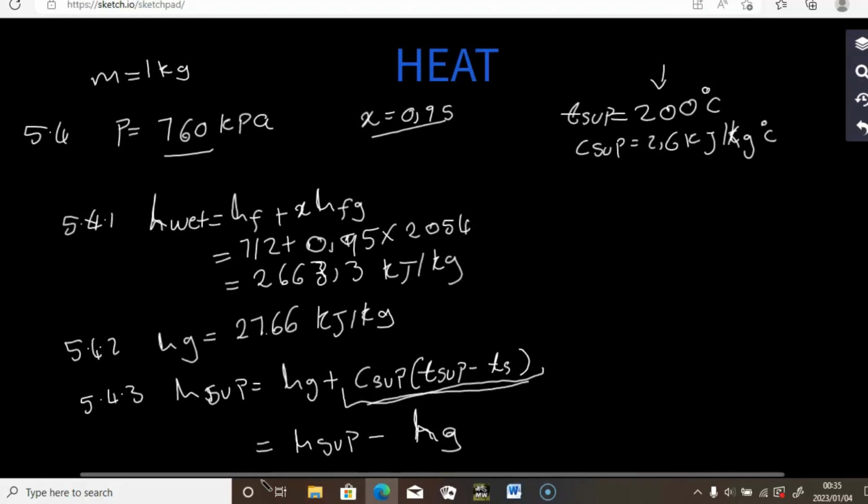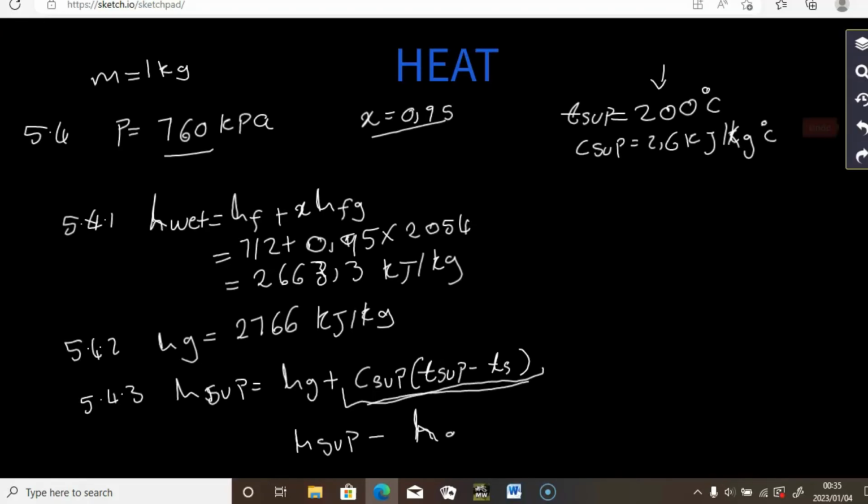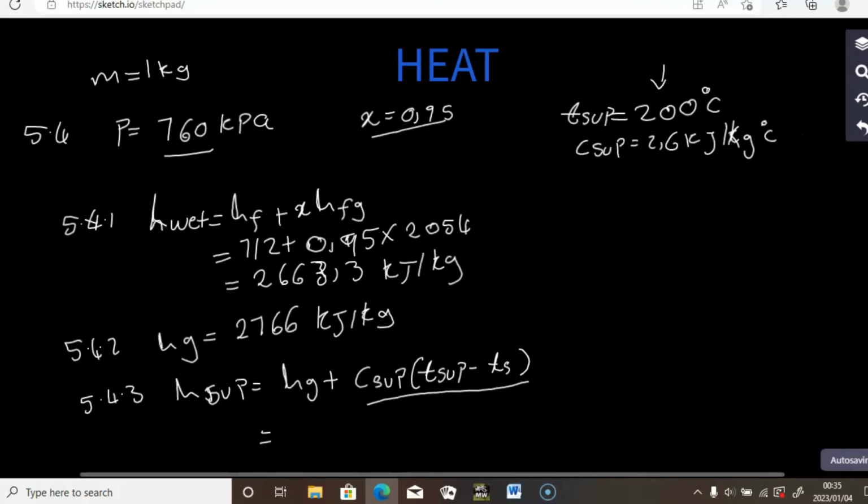So first of all, we are going to calculate the enthalpy of the superheated steam, which is the whole thing, and that is going to be Hg, which is 2766, plus the specific heat capacity, which is 2.6, in bracket, the superheated temperature, 200, sorry, not the saturation temperature.